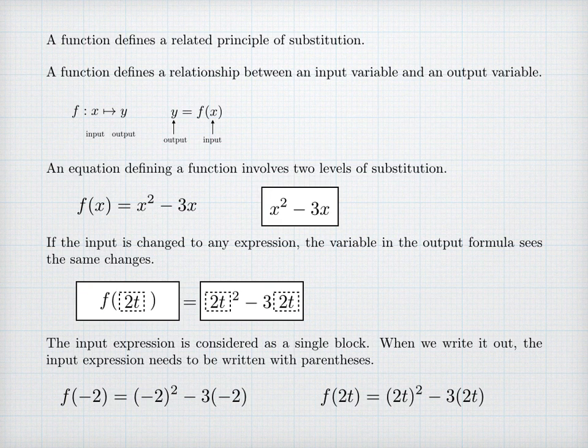For example, f of negative 2 would be equal to the quantity negative 2 squared minus 3 times the quantity negative 2. And f of 2t would be the quantity 2t squared minus 3 times the quantity 2t. This is important because it's not just the t that's squared, but 2 times t is squared. If I were to simplify that, that would be 4t squared minus 6t.